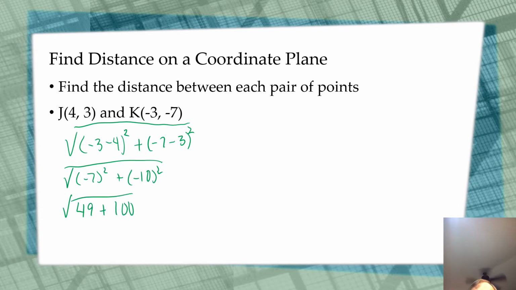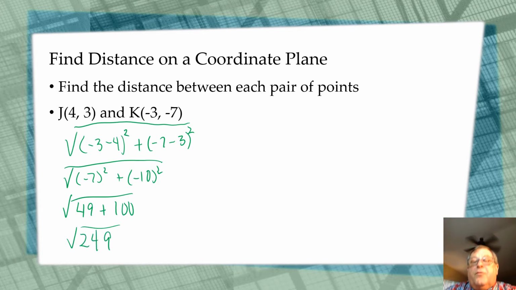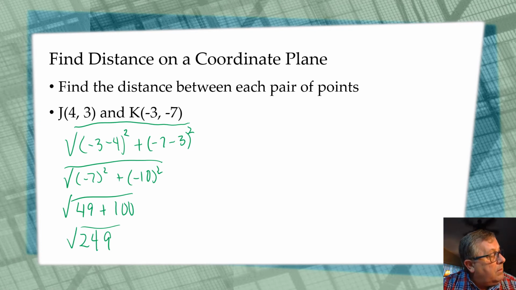And so now we've got the square root of 49 plus 100. We add those together, we've got the square root of 149. And we went through where we were trying to simplify a moment ago, and we know that we didn't come up with anything. So I'm just going to take the square root of 149. 12 squared is 144, so that's not it.